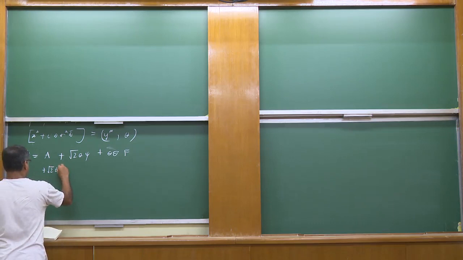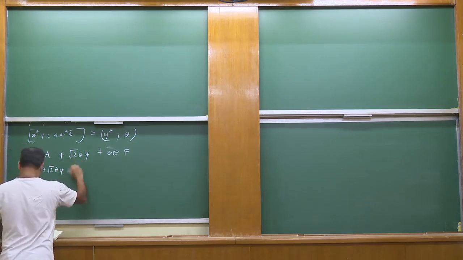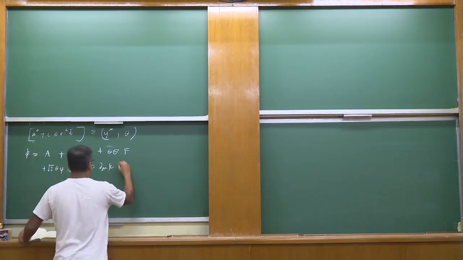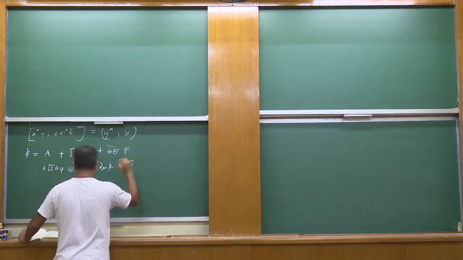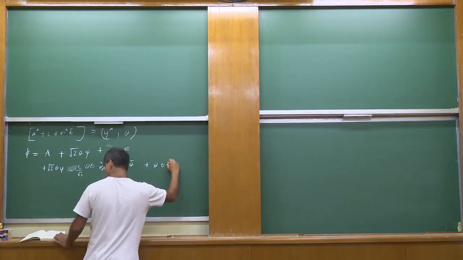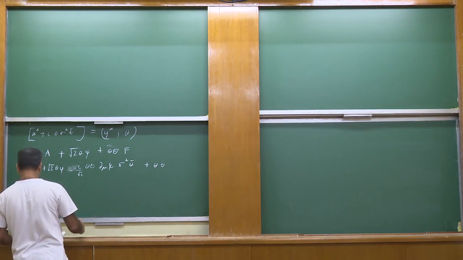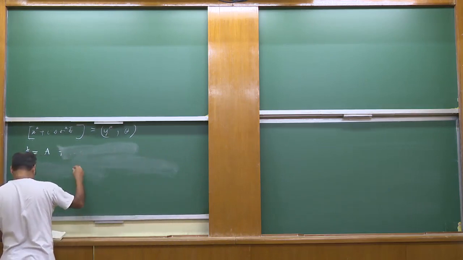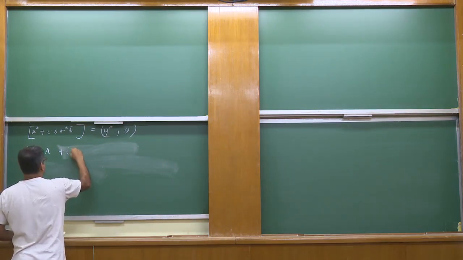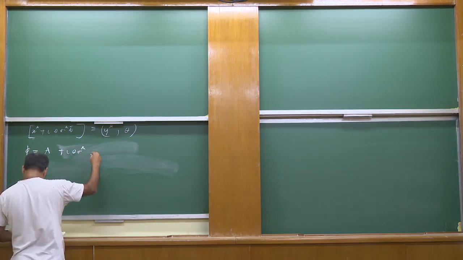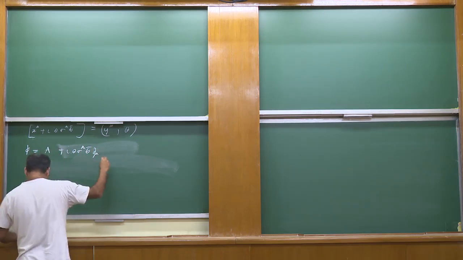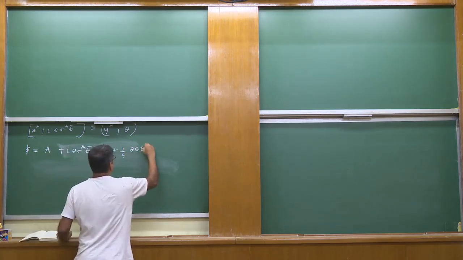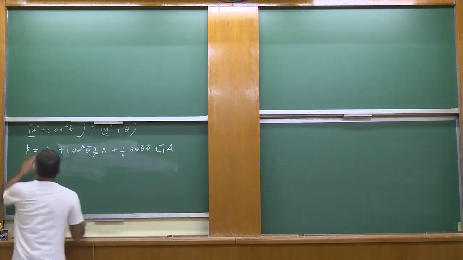Plus square root 2 theta psi minus i by square root 2 theta theta del mu psi sigma mu theta bar plus theta theta F. So the expansion of A was A plus i theta sigma mu theta bar del mu A plus 1 by 4 theta theta theta bar theta bar box A. So that was just the expansion of the first term.